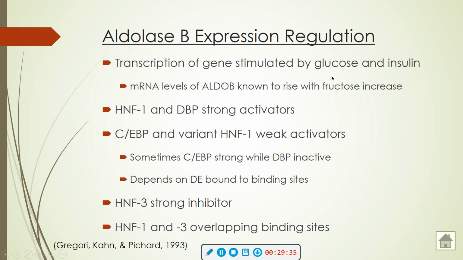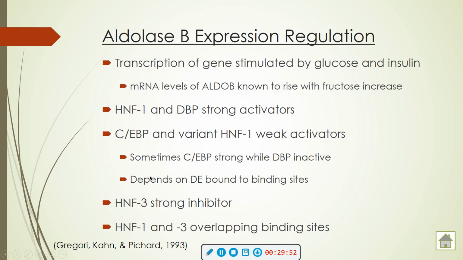We have to have glucose and insulin, and we know that that involves your kidneys and your liver and those processes, which is why that connects to the aldolase B, because that is where it is expressed in large amounts.